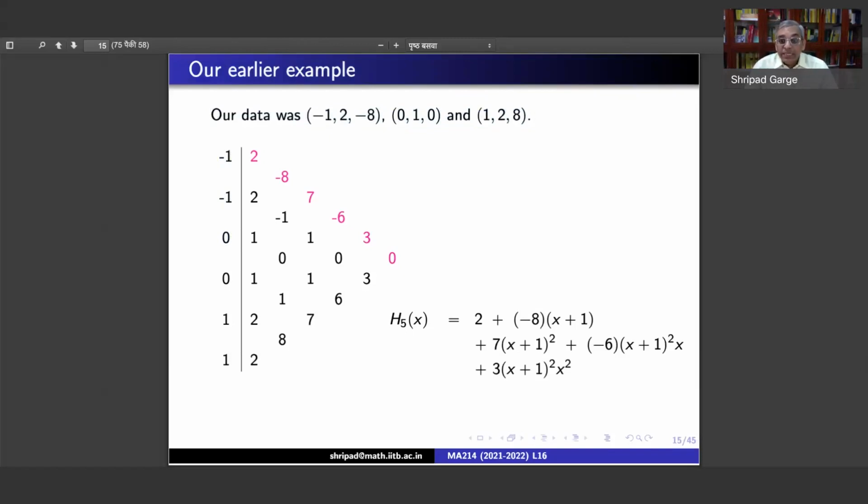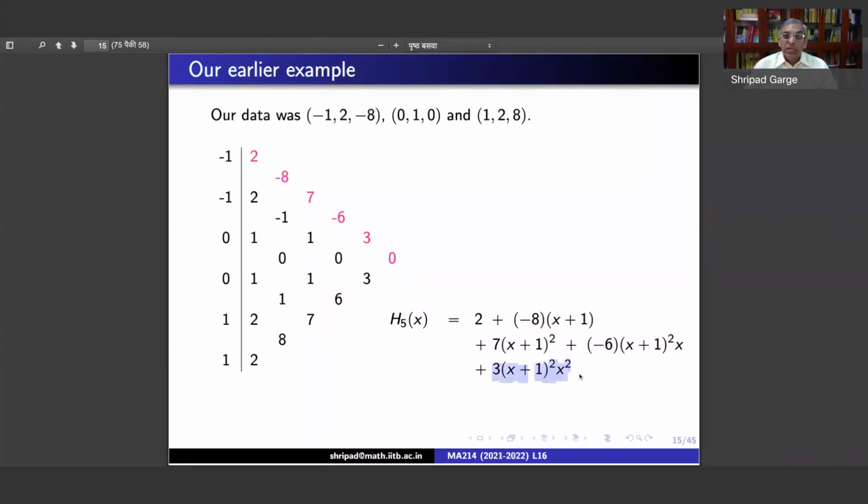Okay, so from here we see immediately that the degree of this h5 is not 5. The fifth divided difference is in fact 0, so that term has vanished. All the terms except the last term have degree less than 4.